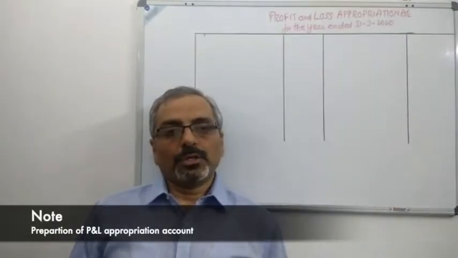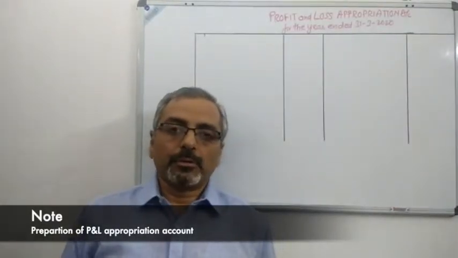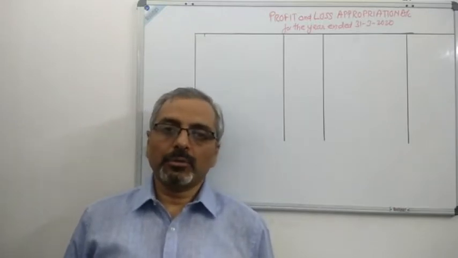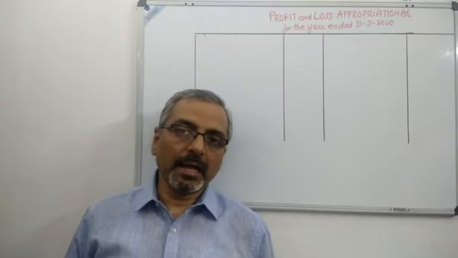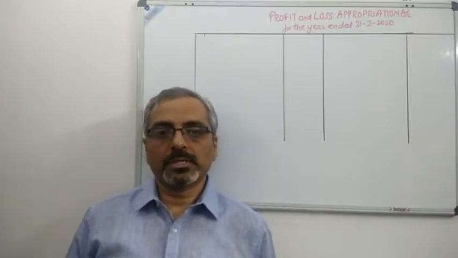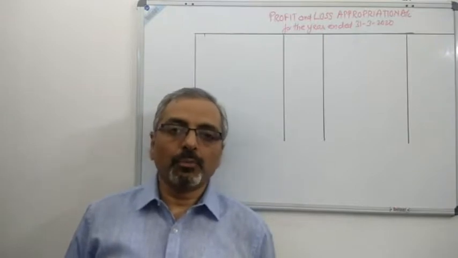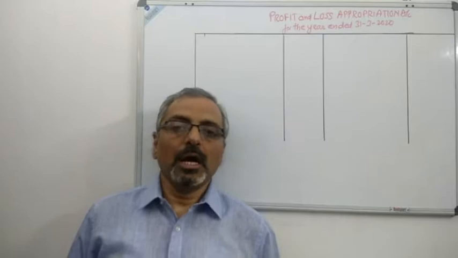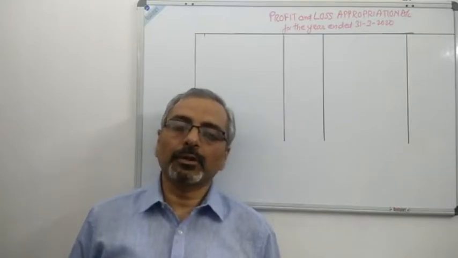After doing the calculations of interest on capital and interest on drawing, what we had got, if you remember, the interest on capital of Amar as 22,000 and interest on capital of Summer as 18,000, and the profit of the year which was already given to us as 75,000. Let us now start preparation of the profit and loss appropriation account and see how the profit will be distributed among the partners.